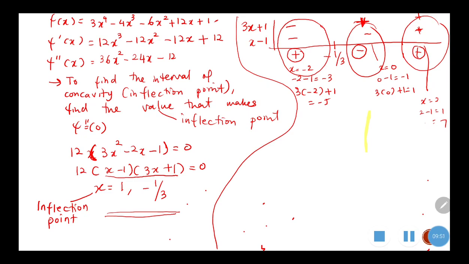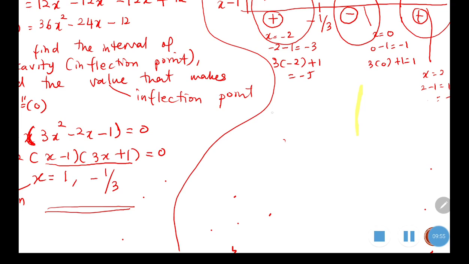Now write it down really neatly. So concave up is from what, guys? Concave up is from minus infinity to minus 1 over 3.